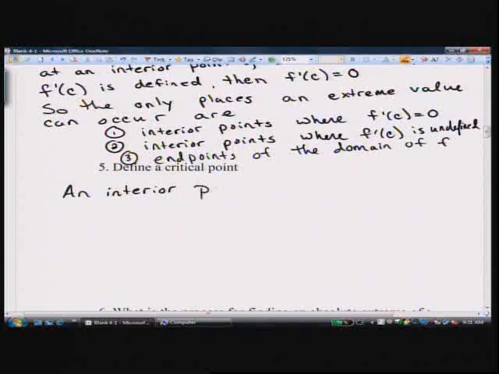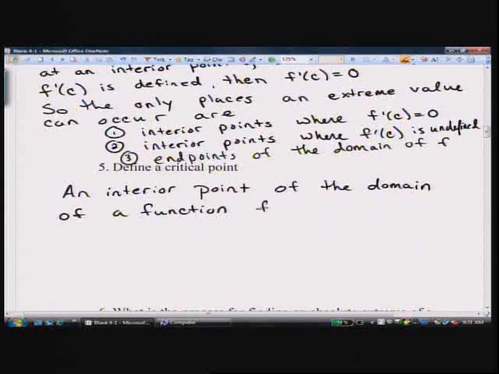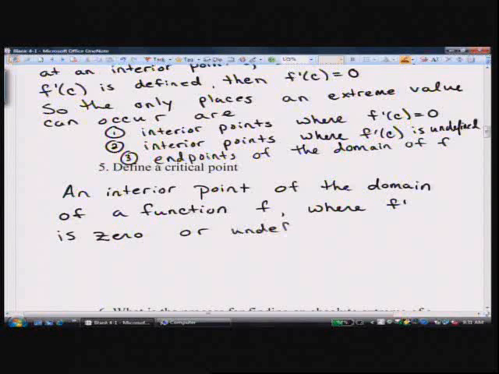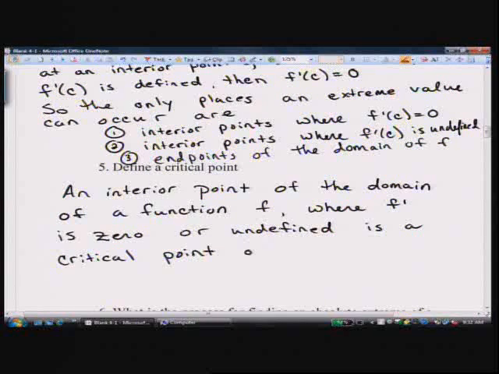So an interior point of the domain of a function f where f prime is 0 or undefined is a critical point of f. Okay?